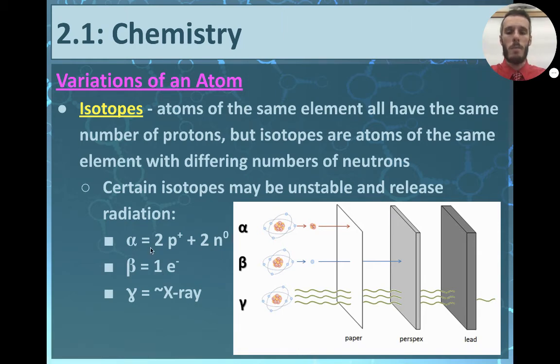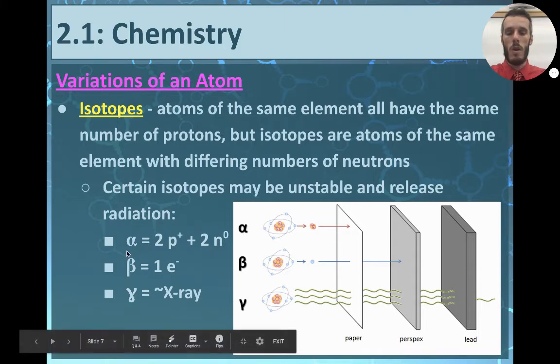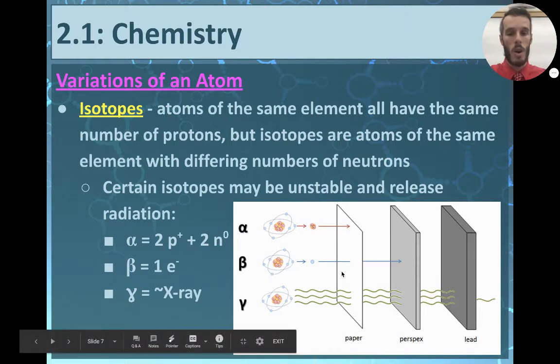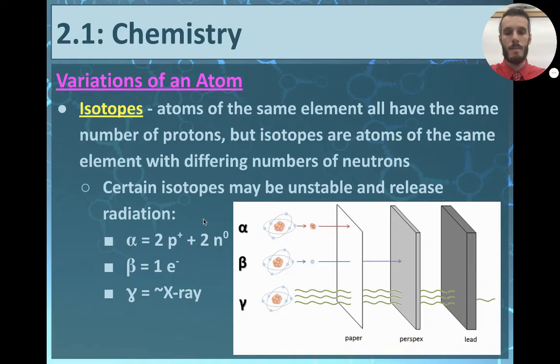And an alpha particle is equal to two protons and two neutrons, which is the nucleus of a helium atom. Going from alpha to beta to gamma, we're going from lowest energy to highest energy. The gamma rays are very high energy, so they can penetrate a lot more than the alpha or the beta particles can.